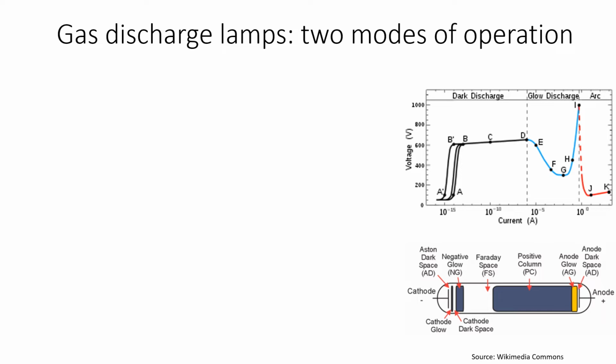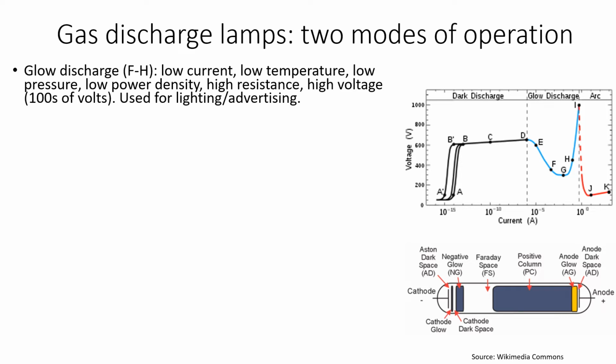So, as the title says, two modes of operation, and we can consider there to be two types of discharge. We've got the glow discharge here, where you've got lower currents than the arc discharge, lower temperatures, lower pressures, lower power density, higher resistance, higher voltages.